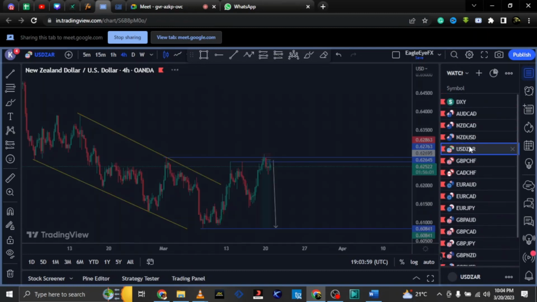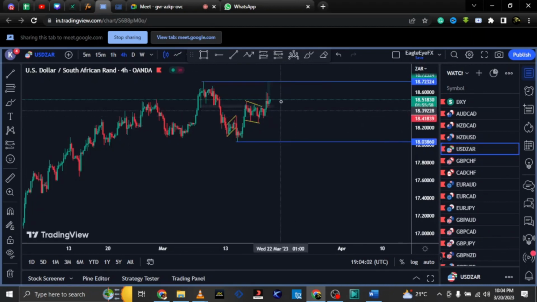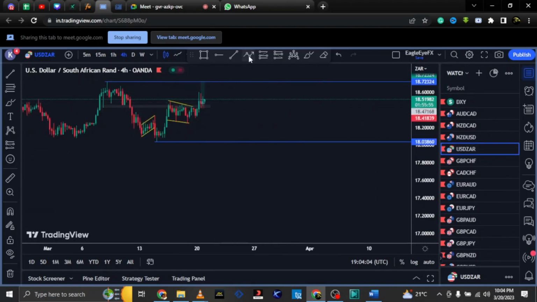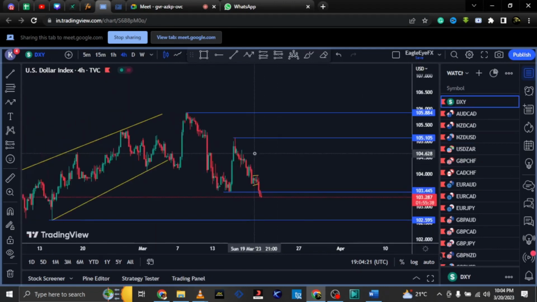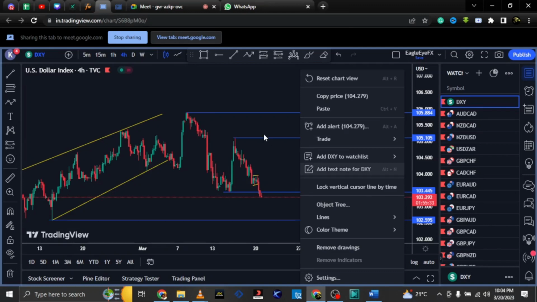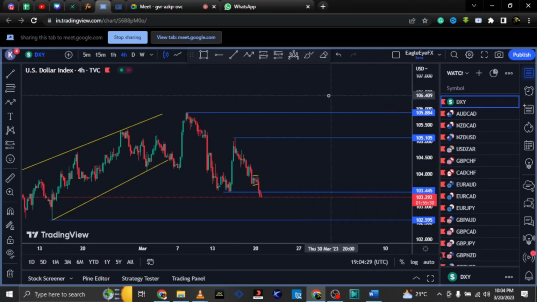If you look at something like USD/ZAR, you can see that it can actually complete the move before it moves to the downside. So this is just a guide, and it's good to always observe and to know. That's just my observation, and I normally use it, and it has worked for me. So I hope that is clear.